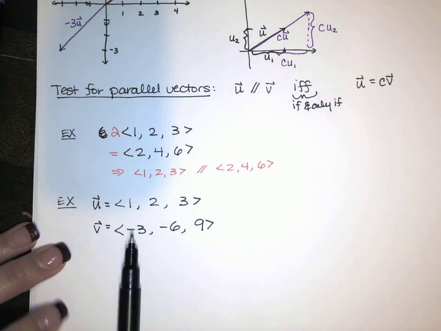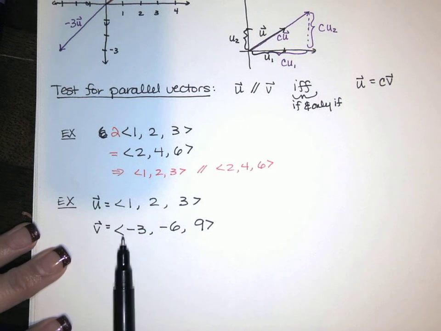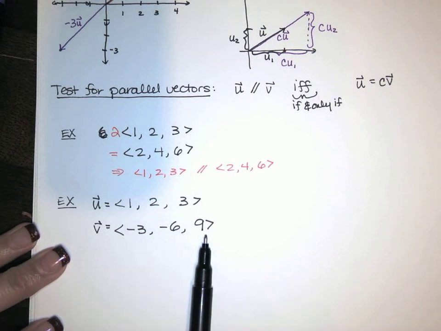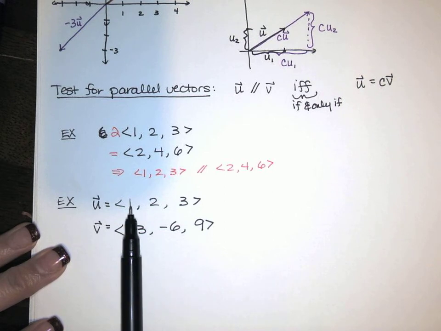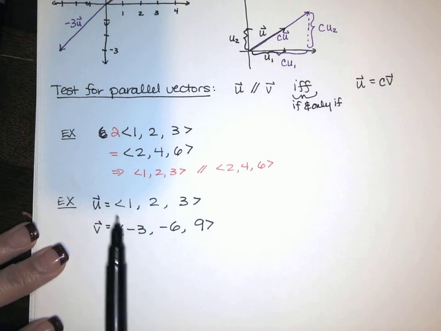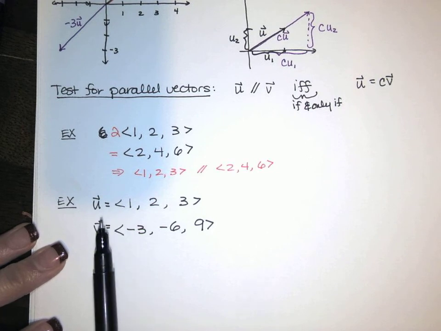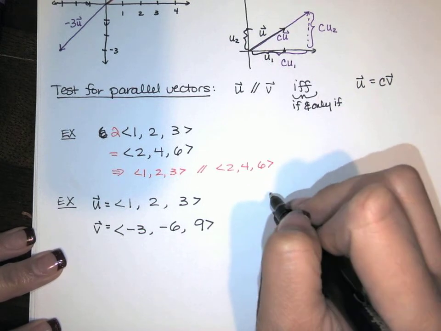Okay, how do you know, Miss Townsend? Well, if I want to go from 1, 2, 3 to -3, -6, 9, I have to multiply this x component by -3. So if these are multiples of each other, the only way that would work is if u times -3 was v. So let's check out -3u.